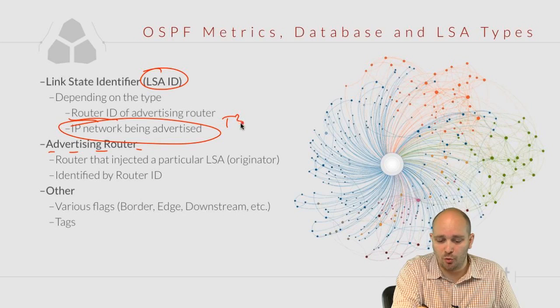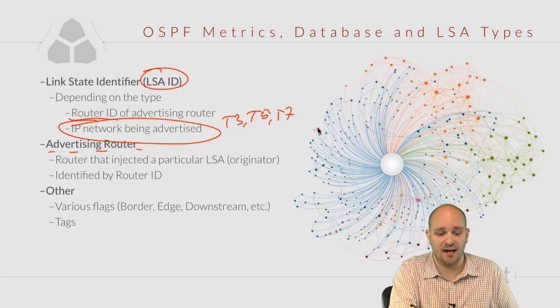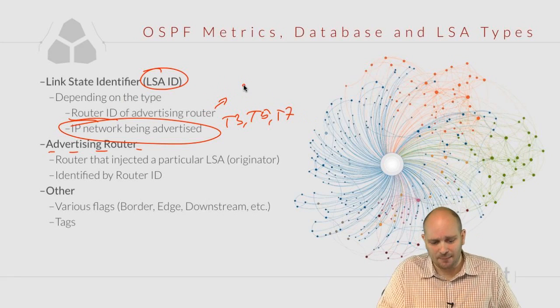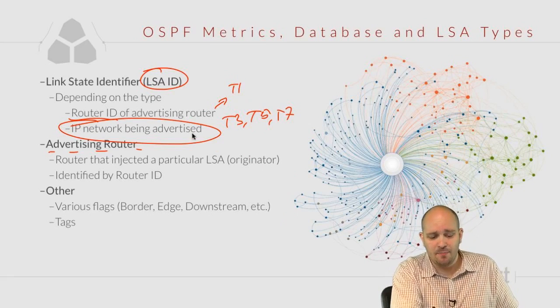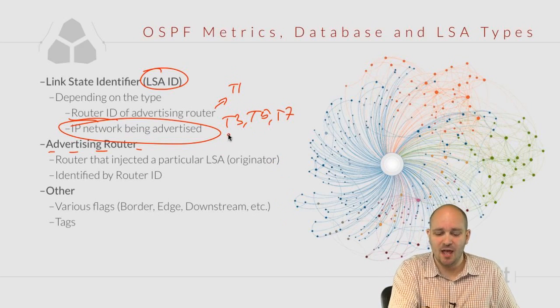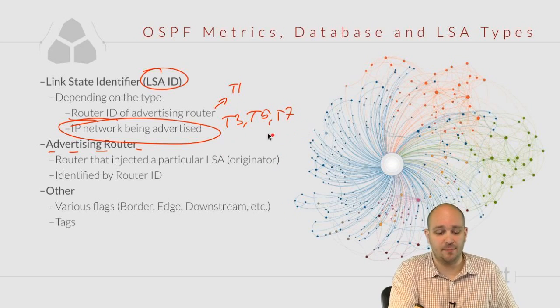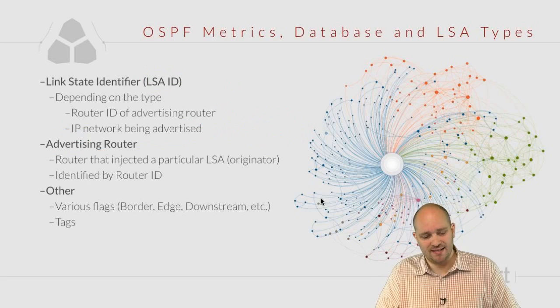And this is going to be true in the case of type 3, type 5, and type 7 LSAs. So the router ID of the advertising router would be the LSA identifier in the case of type 1, and the IP network being advertised or concerned by this LSA will be there for type 3, type 5, and type 7, and I forgot to mention for type 2 LSAs.